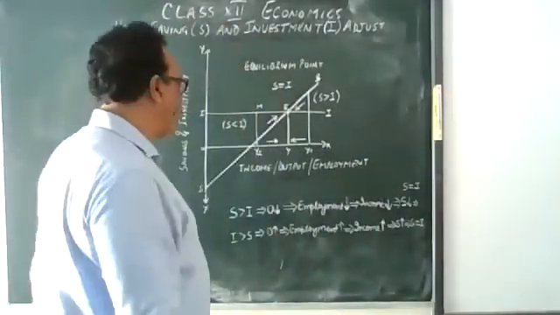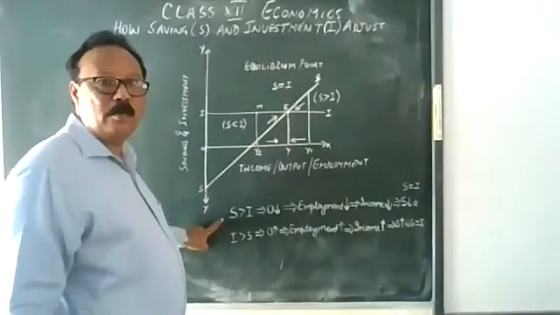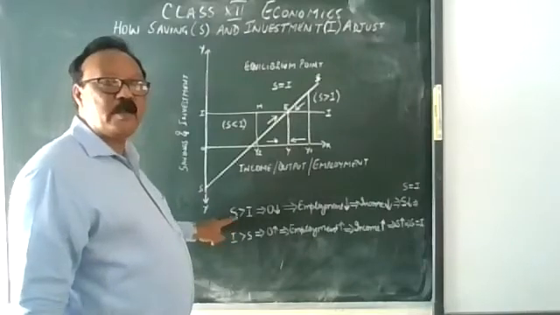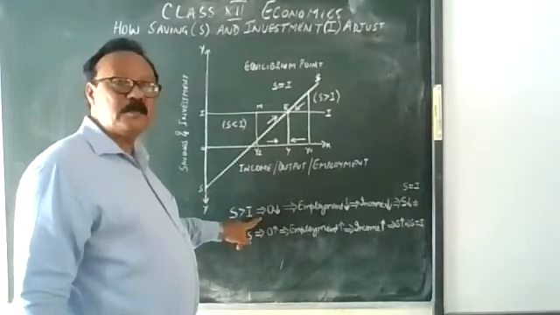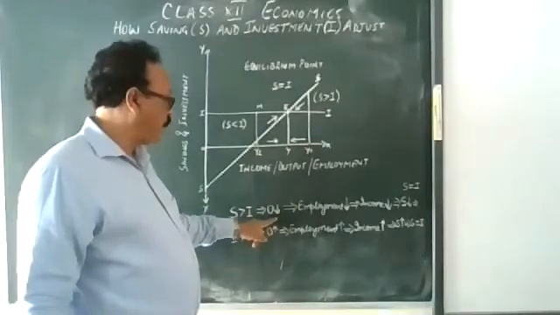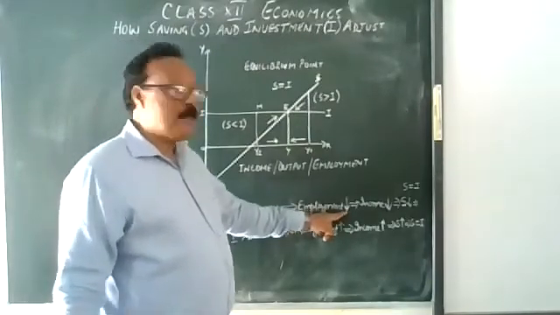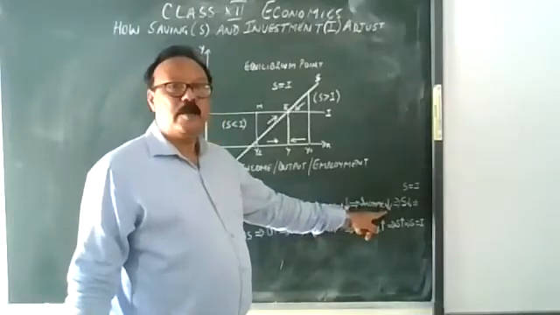Children, I have summarized this in one line over here. If you look on the board, when S is greater than I, your savings is greater than investment, what happens to your output? Your output will be less. This implies because output is less, employment becomes less, income is less.